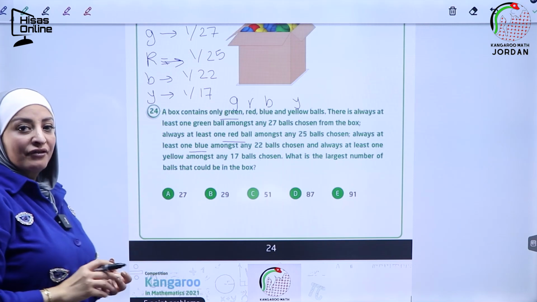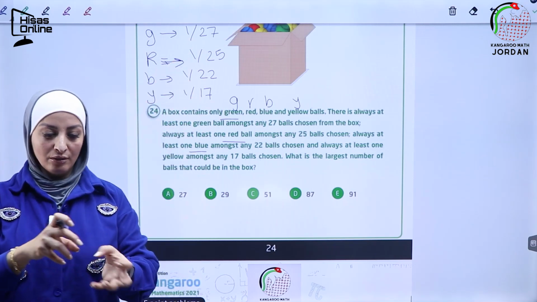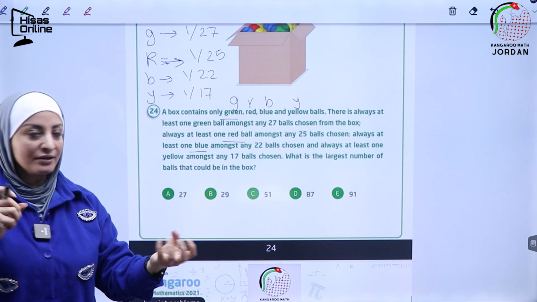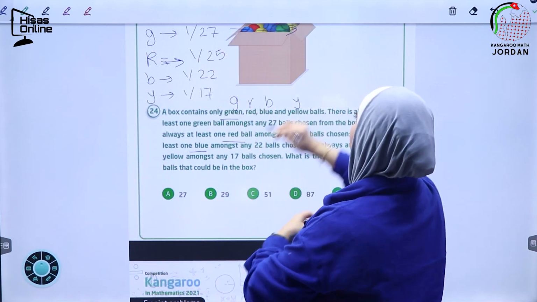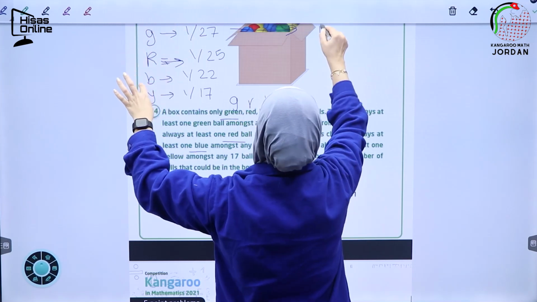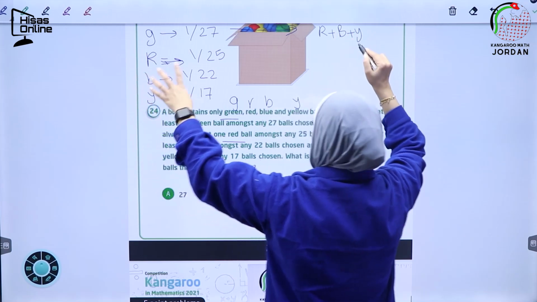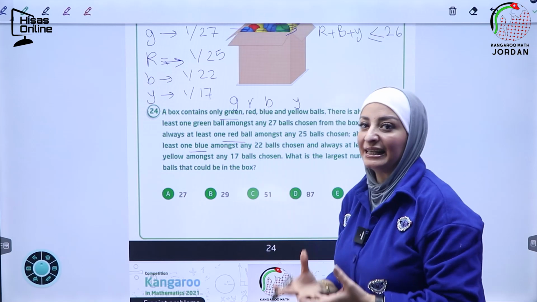Keep in mind that if I take 1 green of the 27 balls, we will have 26 balls. So I will write an inequality that excludes the green: red plus blue plus yellow less than or equal to 26, because they said at least.